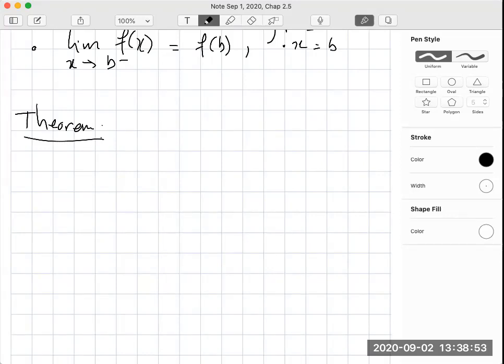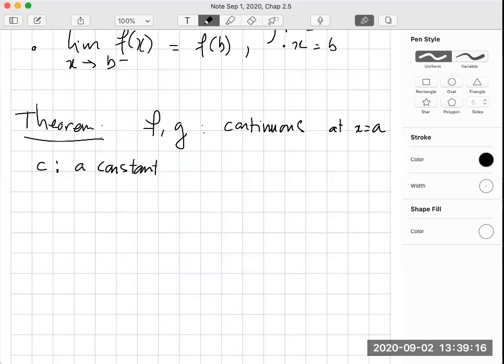Here it says that if f and g are continuous at x equal to a, and c is a constant, okay? The following functions are continuous.